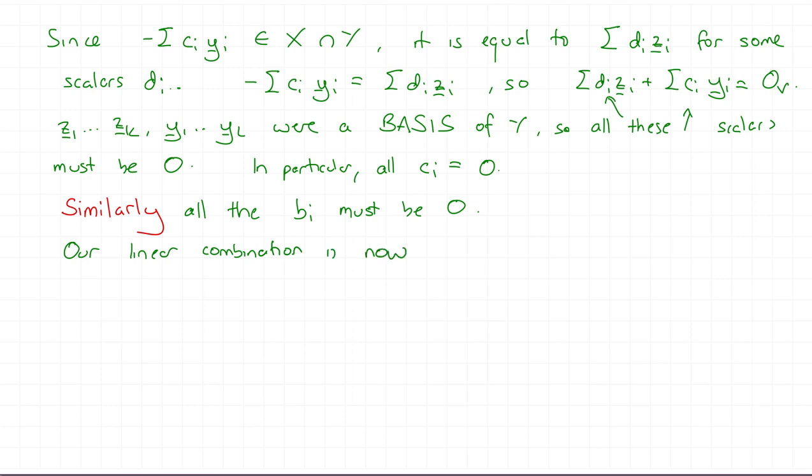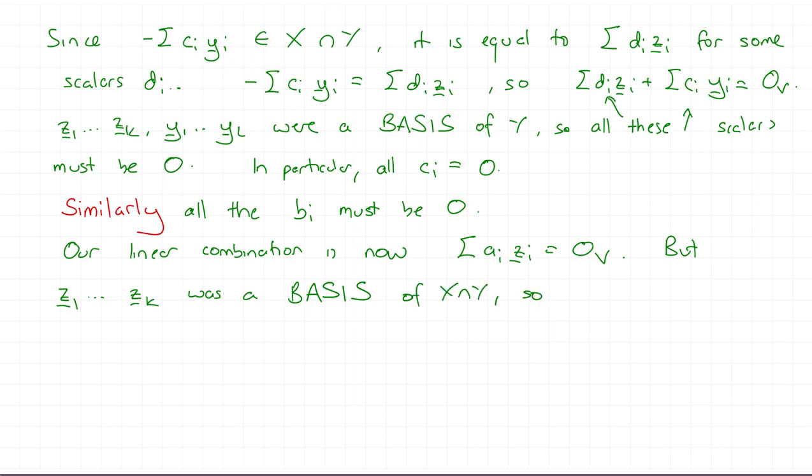They were all 0, so they don't give me anything. So all I've got is the sum of ai zi is equal to the zero vector. All right, but the z's were a basis again. So z1 up to zk was again a basis, so in particular it's linearly independent. So all the a's are 0.